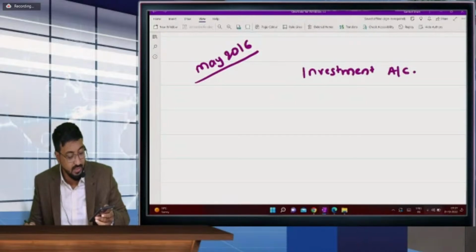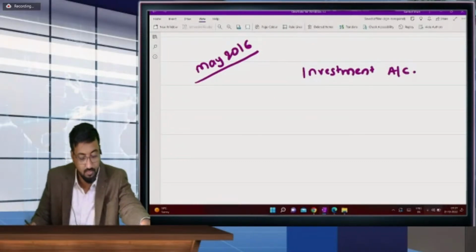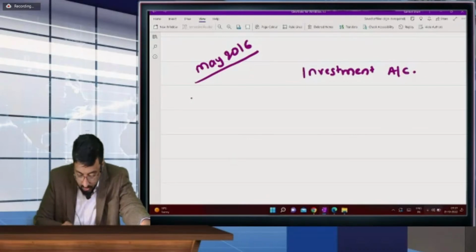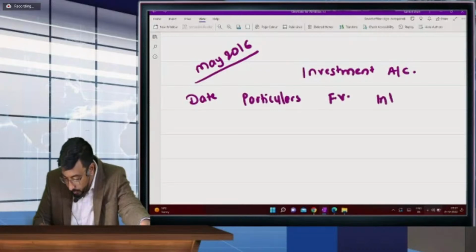This was a printing mistake by me. Okay, so columns are date, particulars, very good, face value, interest, cost.